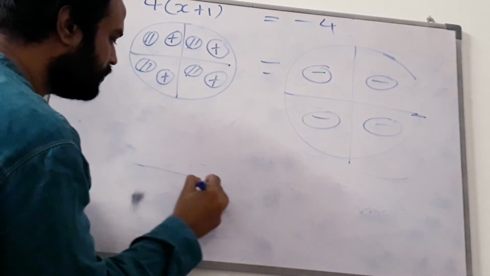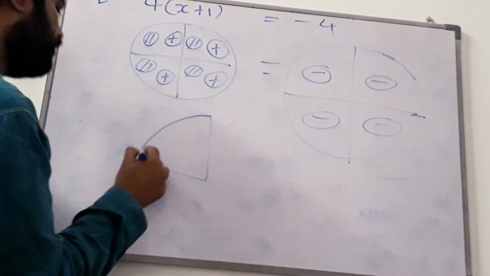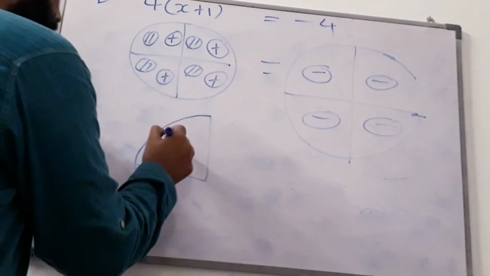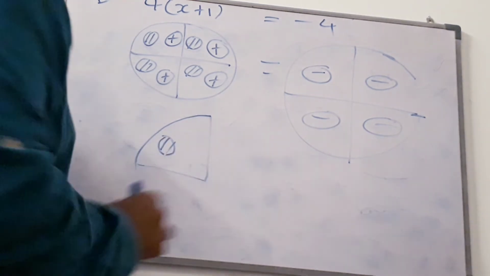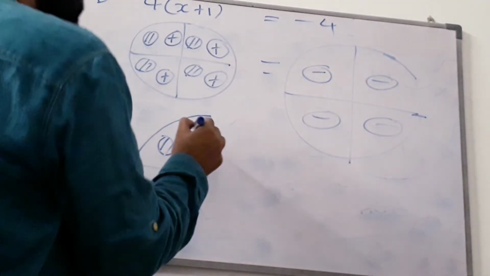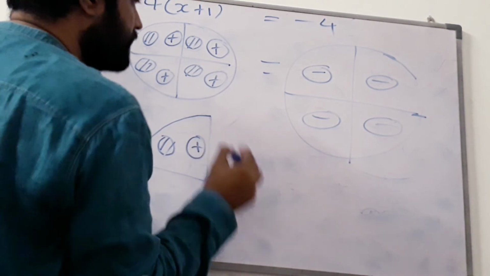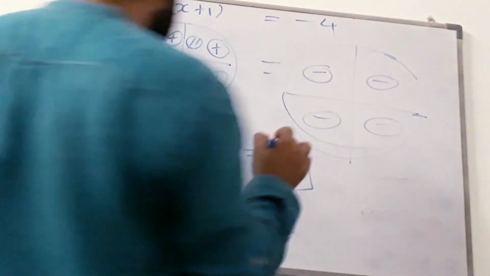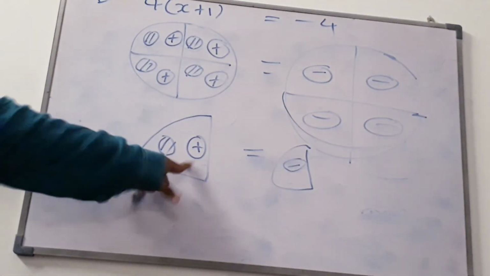So I am going to draw this quadrant only. Quadrant means a quarter of a circle. So here this is plus, and here this is minus. Now I want to remove this plus.